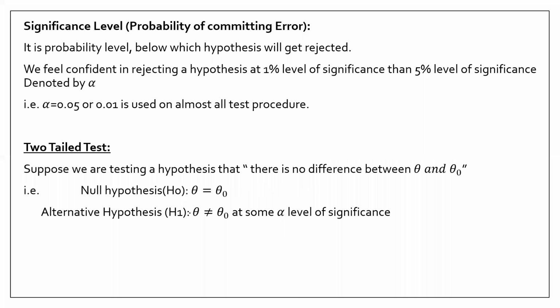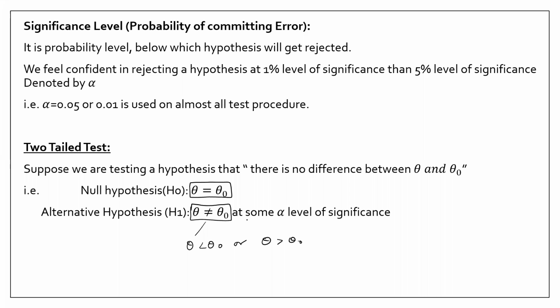Okay. So whether this hypothesis has to be accepted or rejected, look at the null, always look at the alternative hypothesis. If theta is not equal to theta naught, this implies your theta can be less than theta naught, or your theta can be greater than theta naught.